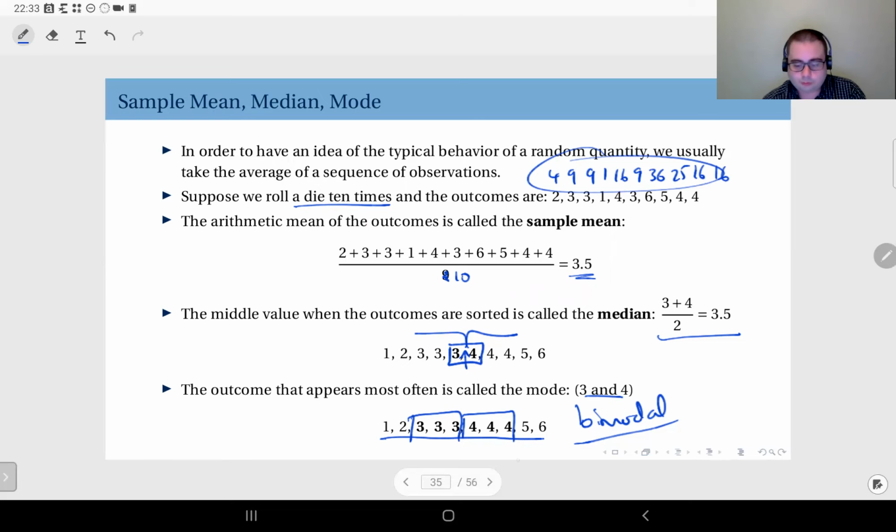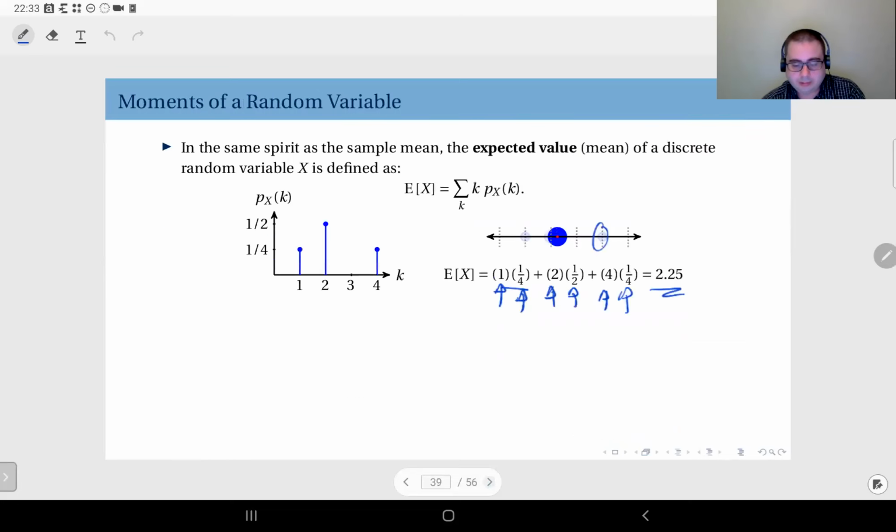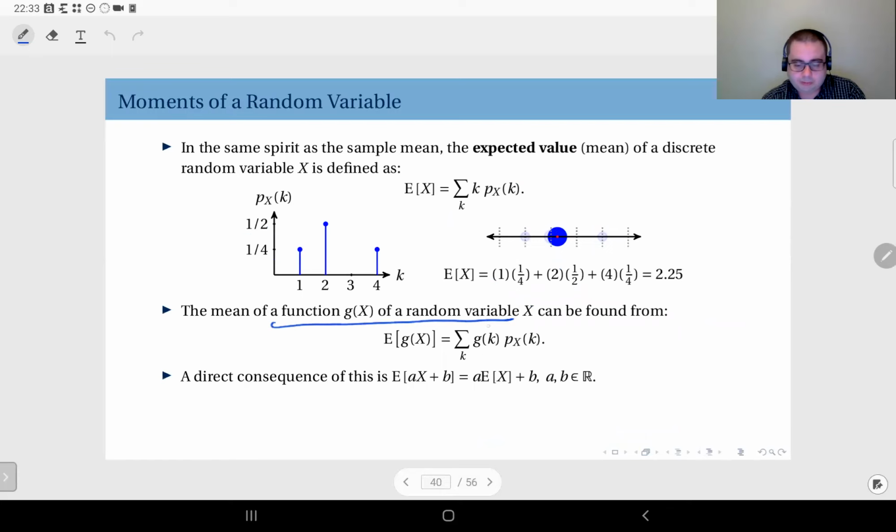So what we are going to do is a little bit similar here. Instead of the indices here, the possible outcomes, we are going to apply the function g to the outcomes and then take the weighted sum according to their probabilities. It's the same procedure. And a direct consequence of this is the linearity of expectation.